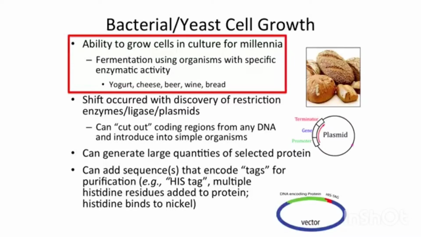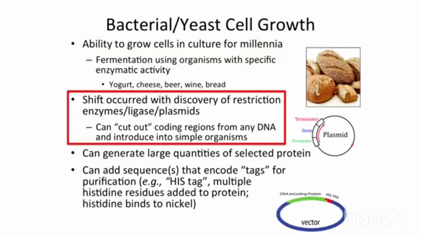With wine, beer, all of these have used fermentation of organisms that have specific enzymes in them that produce this fermentation process. And we were sort of dependent on all these organisms to give us proteins of interest.